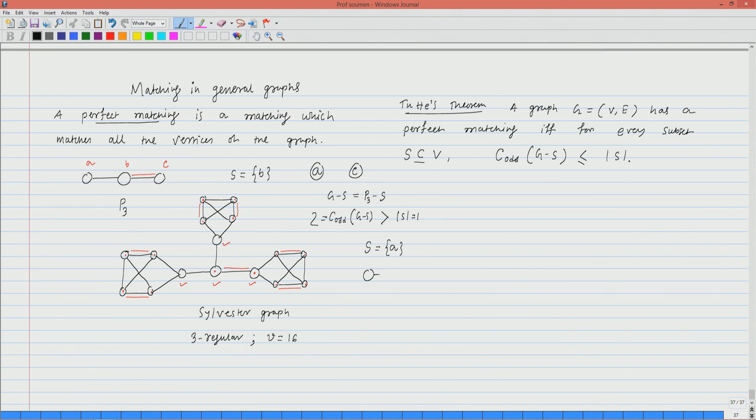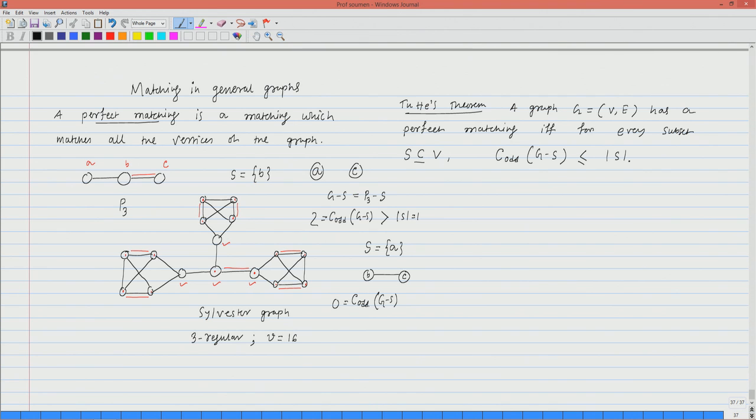So, you will be left with B, C. So, here c_odd of G minus S is equal to 0 because G minus S has only one component, and that is an even component because it has two vertices.